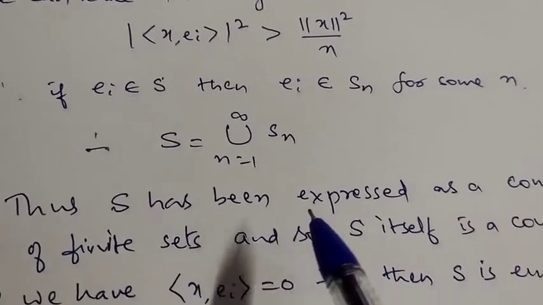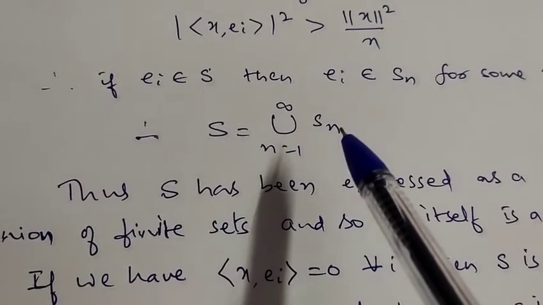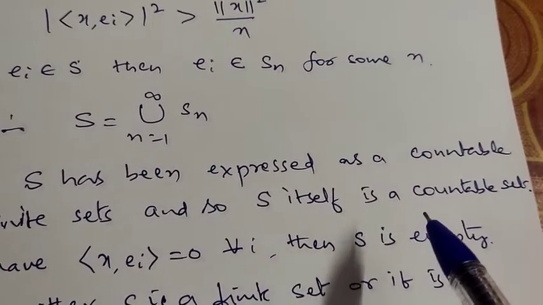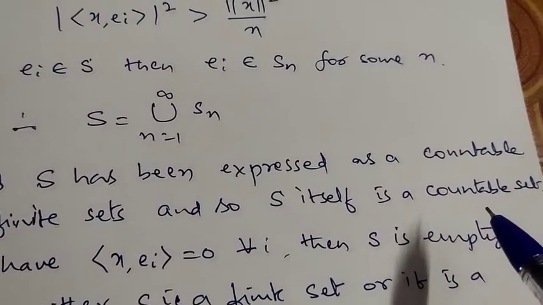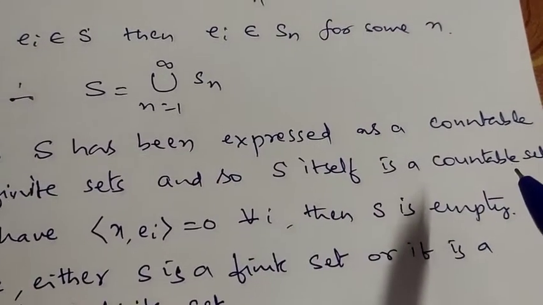Thus S has been expressed as a countable union of finite sets, and so S itself is a countable set. Understand this? So the set S itself is a countable set.